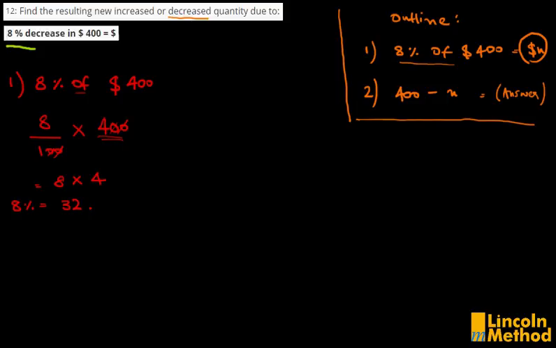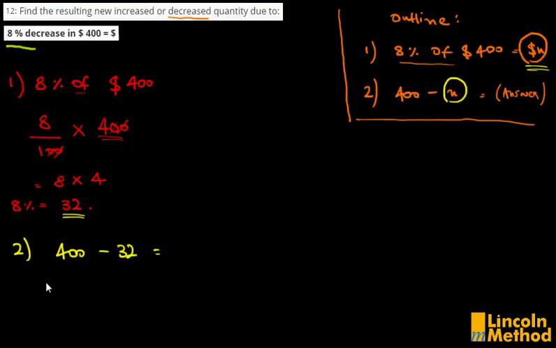The second step, let me change the color so that it's easier for you to follow through. So the second step, as I said, we find out the amount in dollars and then we subtract that amount from $400, and that is going to give us our new amount. So we know that 8% of 400 is 32. So let's subtract this amount and find out what we're left with.